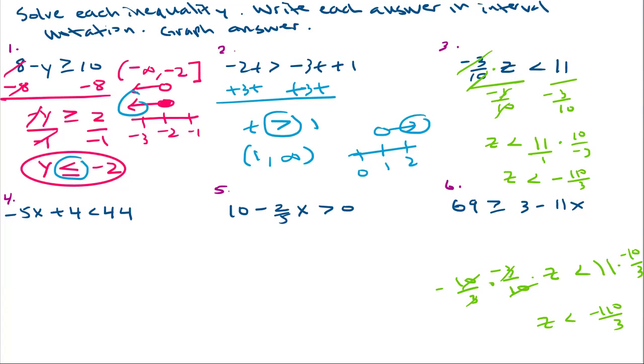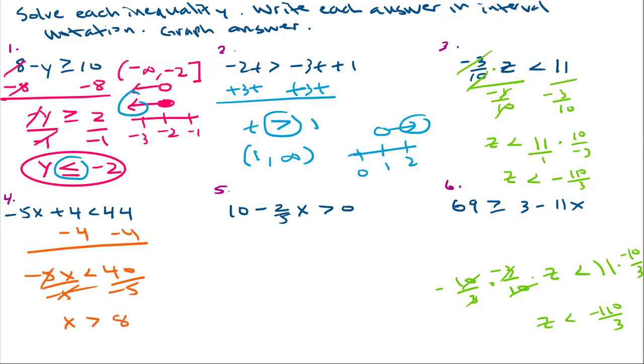The next one, same thing. We're going to solve for x, so we subtract 4 on both sides. We get -5x is less than 40, and then divide both sides by -5. In this case, remember, when we divide or multiply by a negative number, we need to flip that inequality. So that gives us x is greater than -8.